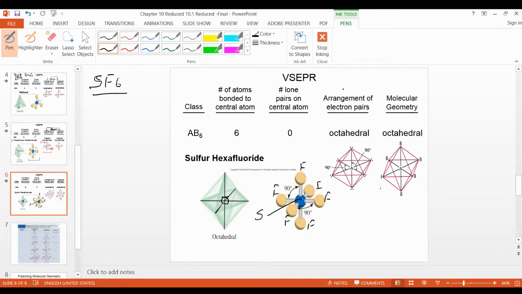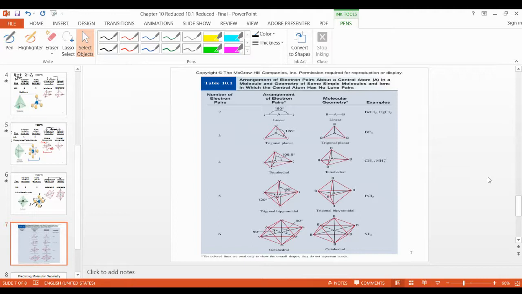So that's why the arrangement of the electrons and the geometry of the molecule are both octahedral. Now this is complete without a lone pair of electrons. These are the examples.